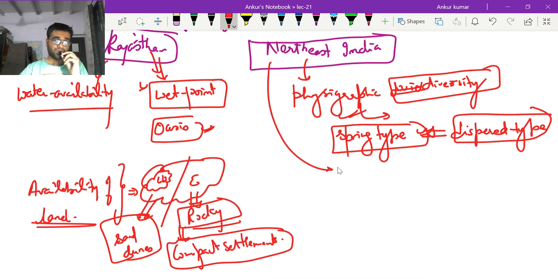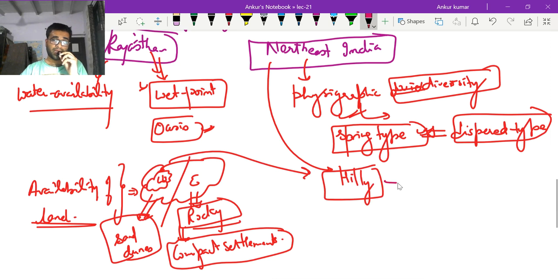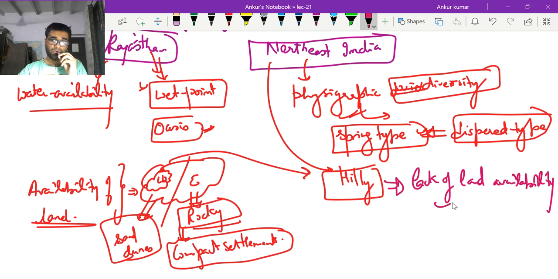When you come to Northeast India, it is mostly a hilly region. We are talking about the second factor, the availability of land, and because of this hilly region there is a lack of land suitable for settlement. Because of this lack of land availability, people tend to settle at faraway places, leading to the formation of semi-compact and dispersed settlements.